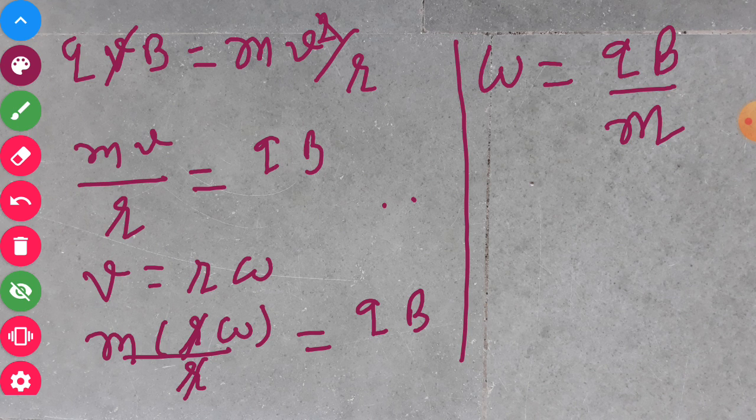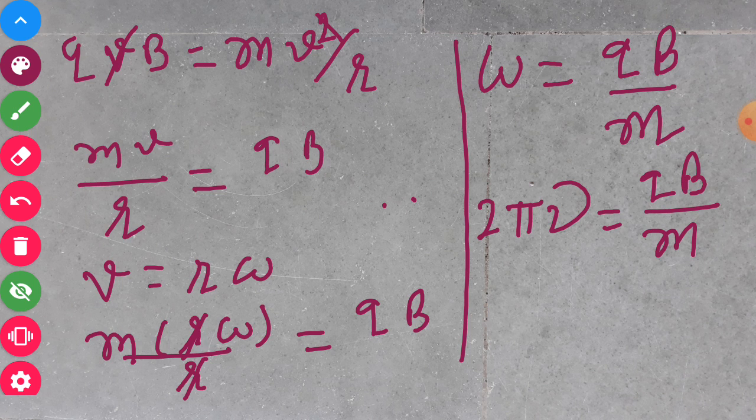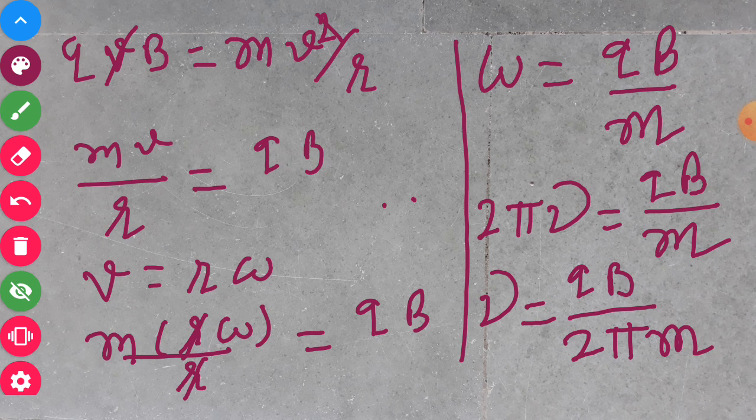And as you know, omega is 2 pi nu, where nu is the frequency. So 2 pi nu is equal to qB upon m, and nu can be found as qB upon 2 pi m.